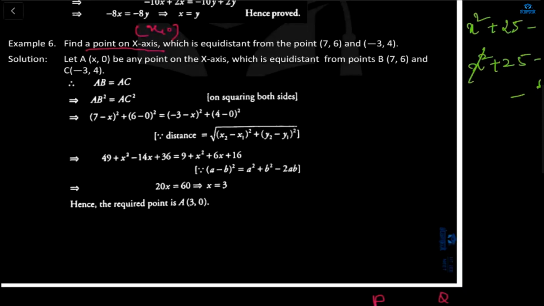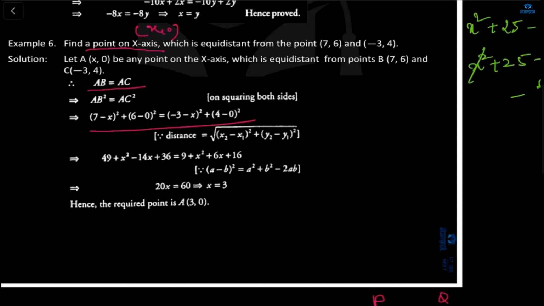Which is equidistant from the points 7 comma 6 and minus 3 comma 6. Obviously, as already mentioned, you need to find AB is equal to AC. On squaring both sides, you can eliminate the root. I have just put the values in your distance formula: x2 minus x1 whole square plus y2 minus y1 whole square, and then again x2 minus x1 whole square plus y2 minus y1 whole square.